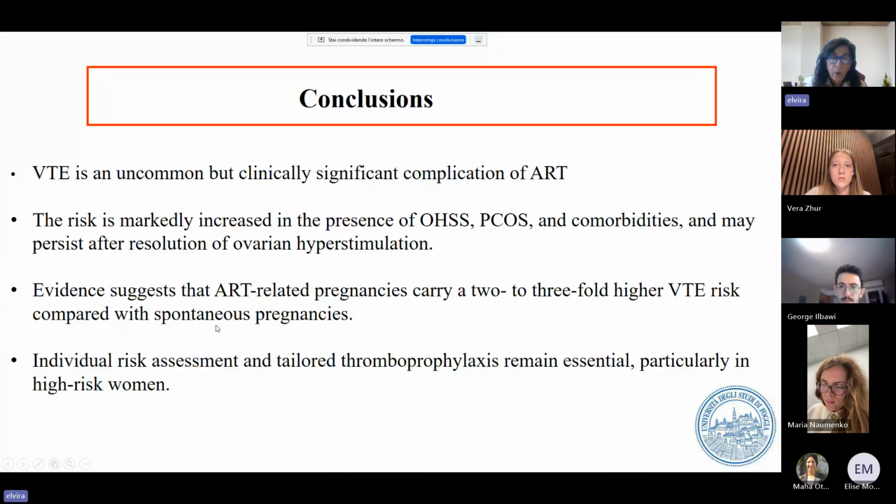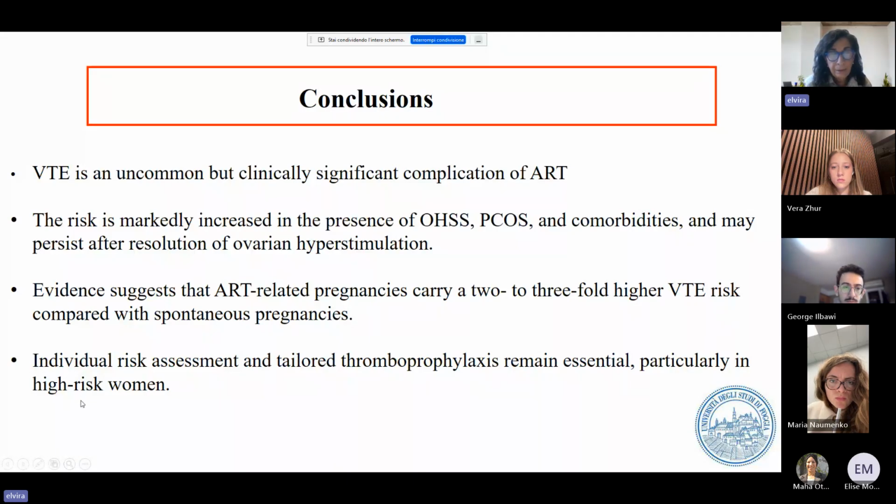Furthermore, when we finally obtain a pregnancy after an ART cycle, independently of the ovarian hyperstimulation syndrome or other risk factors, we should keep in mind that the risk of VT is significantly higher than that derived from natural conception.